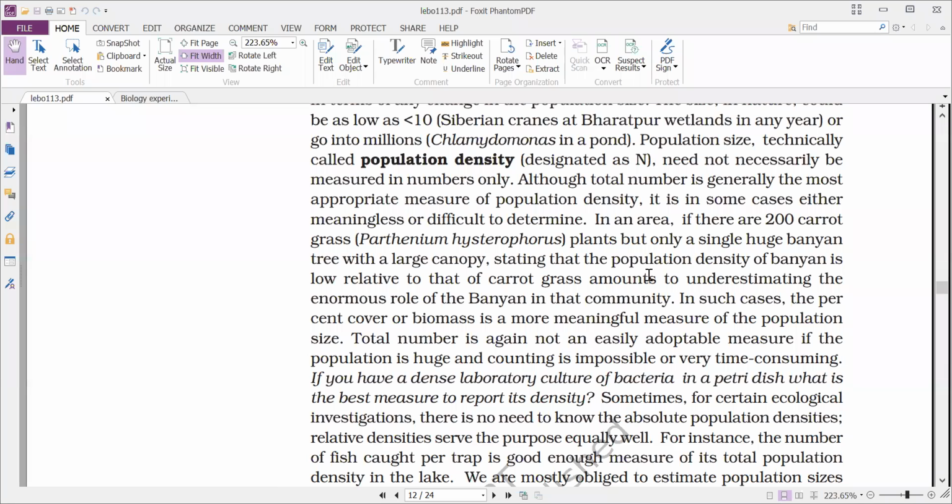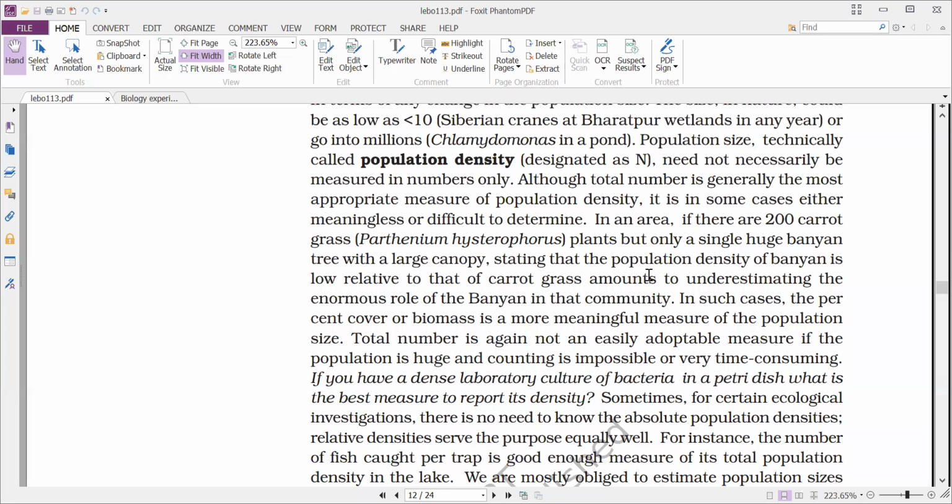It is very difficult to count all the algae present in that pond, and it is also time consuming and wasteful.